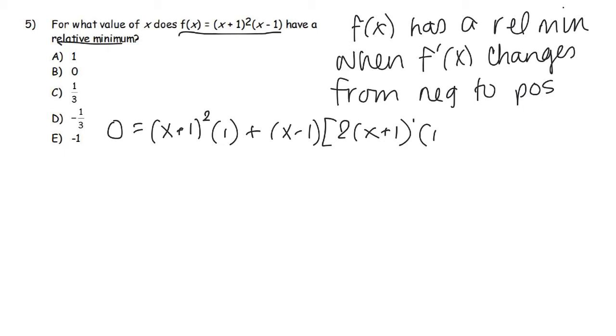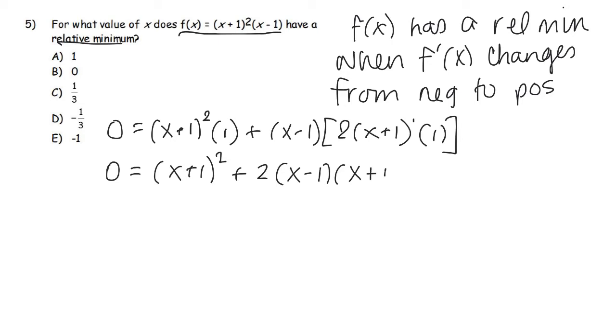So let's clean this up a bit. I have 0 equals x plus 1 all squared, and then over here we're going to have 2 times x minus 1 times x plus 1. And again, I would not multiply any of this out until I had to. I would look for a common factor, and notice x plus 1 is in both, so I would factor out an x plus 1. I don't think there's anything else left, so I have equals 0.